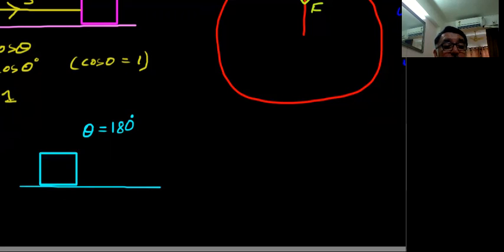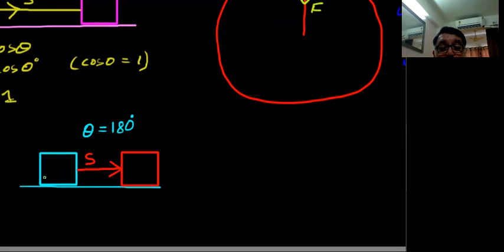We are applying a force and there is a displacement of the box. The box moves from one position to another position. So this is the displacement of the box, and this is the direction of the displacement, going from left to right.